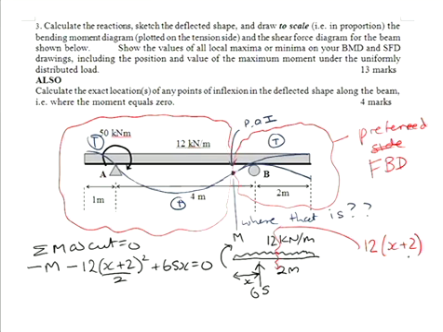Now, when I position that resultant load, I position it in the middle of my distance, and that's why I squared that and divided by 2, because that equivalent load is being positioned (x plus 2) on 2 away. I'll draw it on this side because the other side's a bit messy. So that distance on the other side is similarly (x plus 2) on 2. So there is my expression for my moment.